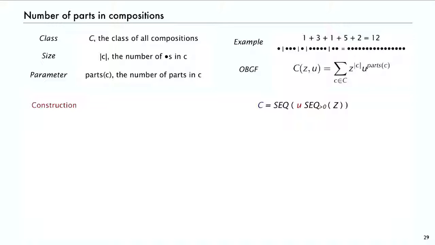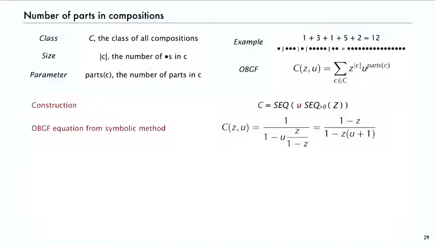Just add the u to the inner sequence. That immediately translates to the ordinary bivariate generating function. U sequence greater than 0 of z is u times z over 1 minus z. Sequence of that is 1 over 1 minus that. Simplify by multiplying by 1 minus z, and we get the expression 1 minus z over 1 minus z u plus 1.